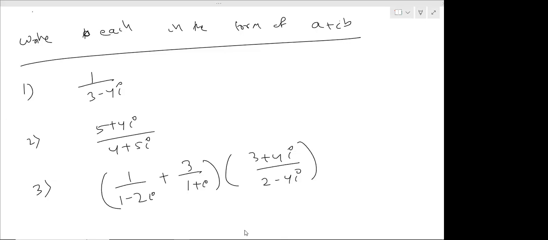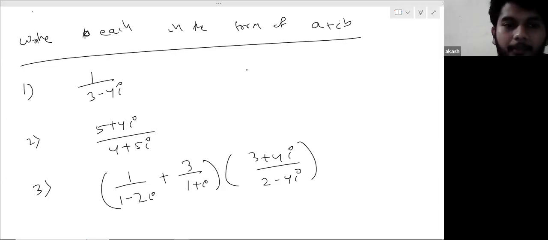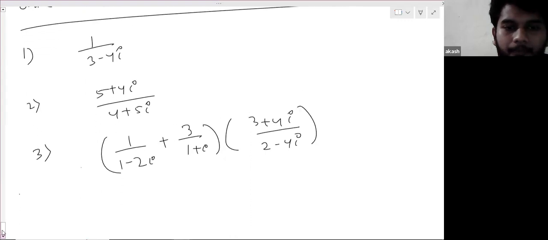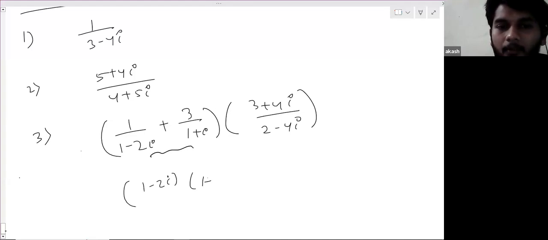So can you explain the last one? Last one is also very simple. What we can do here is take the LCM of 1 minus 2i and 1 plus i. If you take the LCM, this is 1 plus i plus 3 times 1 minus 2i.